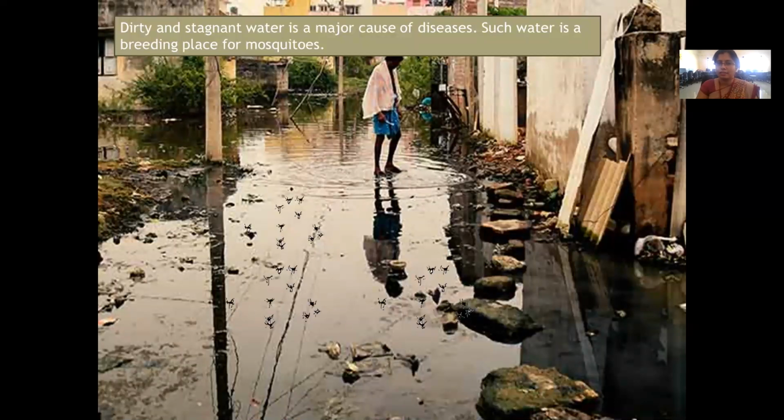This dirty and stagnated water is a major cause of diseases. There are lots of flies, mosquitoes and many other disease-causing insects, and they definitely enter our houses. Mosquitoes bite, flies sit on our food, and if you consume those foods you'll fall sick.